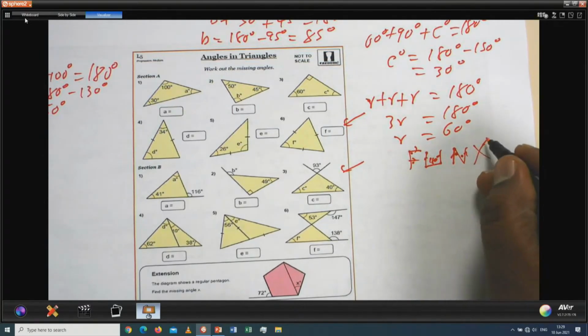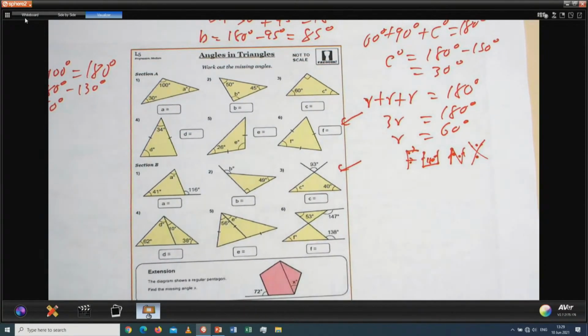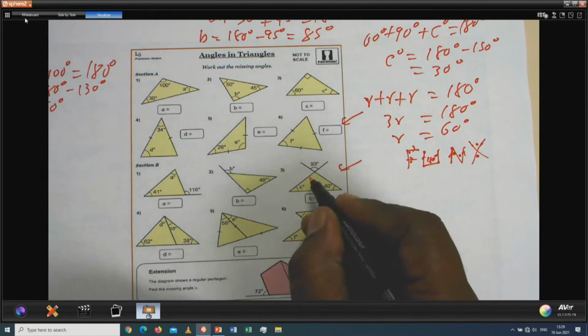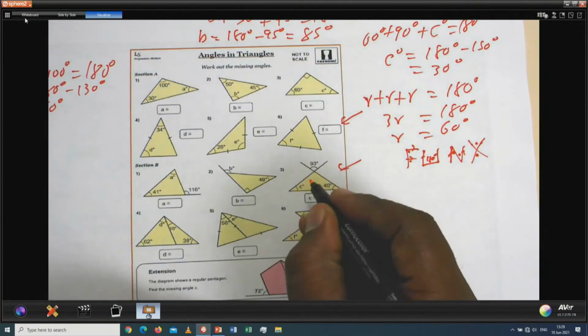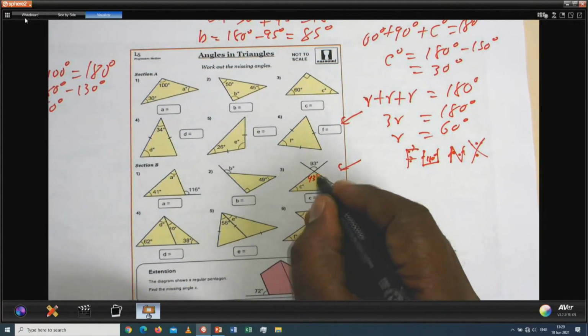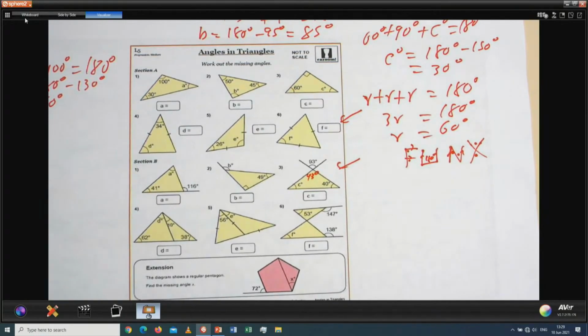And vertically opposite angles are equal. There is that X. So it tells me here I can see the X. This tells me already it is 93. Write it, take a crayon, write it. That's the information I'm given.